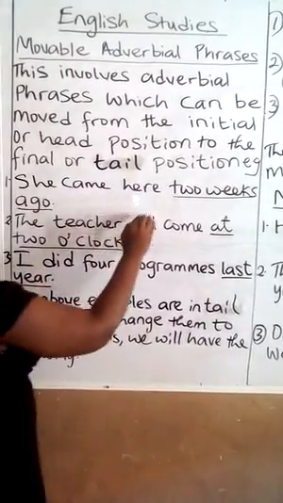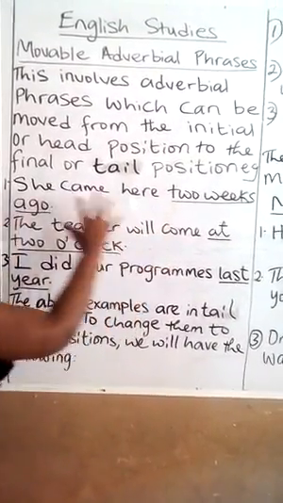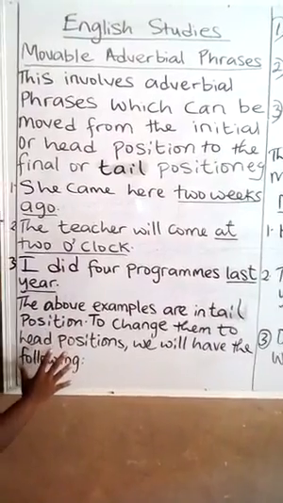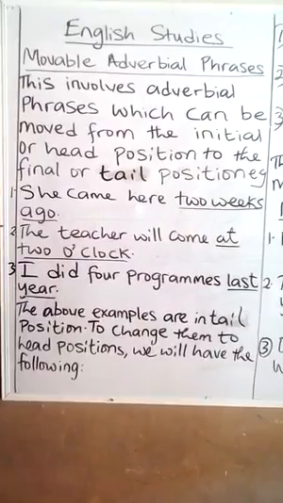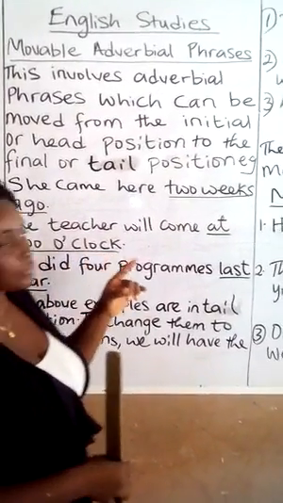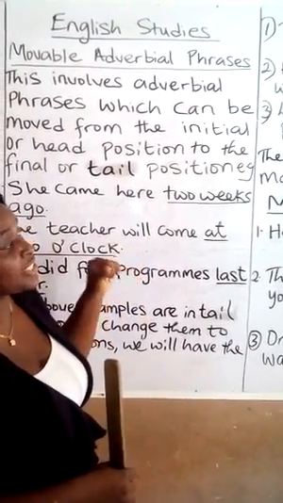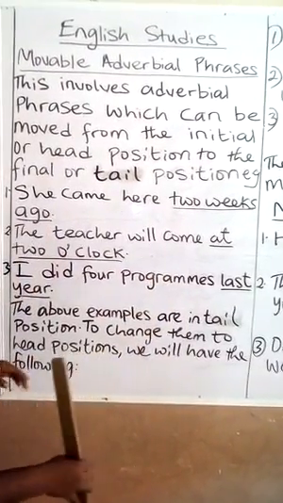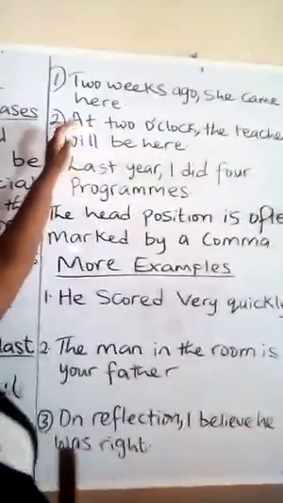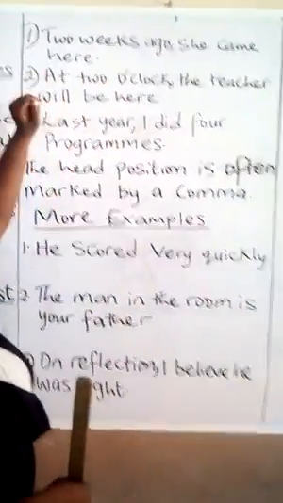And you are able to tell the head part or the tail part of your sentence with the introduction of a comma. Now let's look at what we have here. 2 weeks ago, she came here.